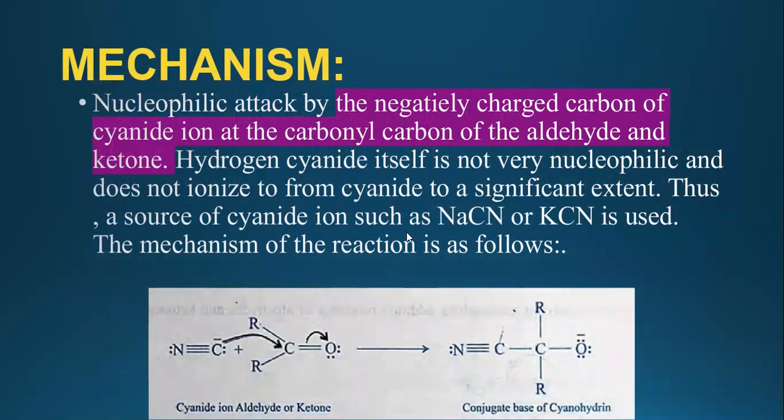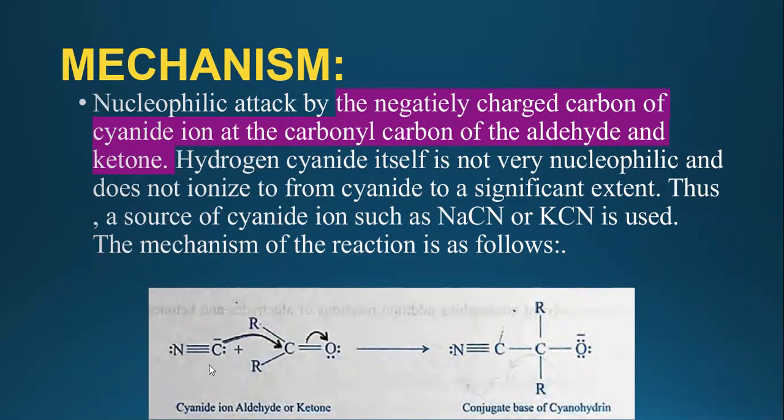Now you can see the mechanism of this reaction. The mechanism follows a nucleophilic attack by the negatively charged carbon of the cyanide ion. It means the cyanide group, that is C triple bond N, where the carbon carries a negative charge. The carbon plays its role as the nucleophilic center.